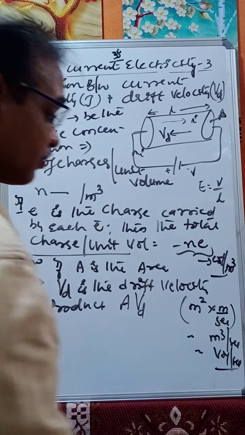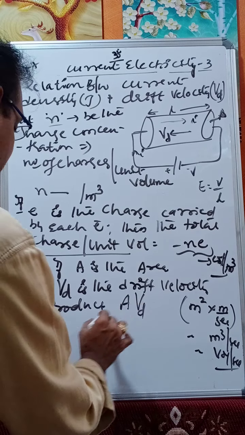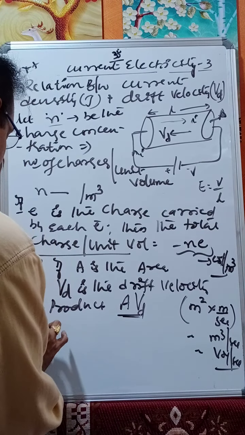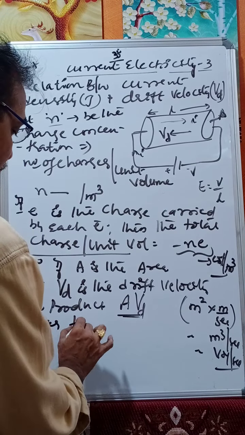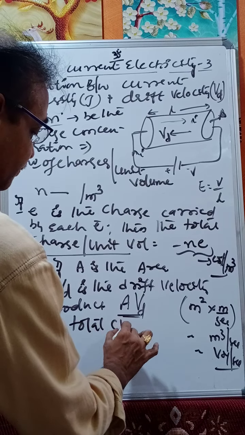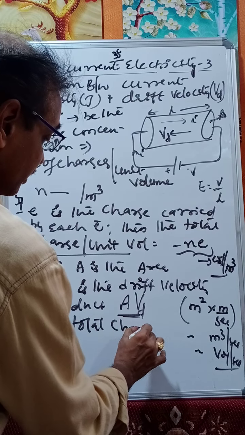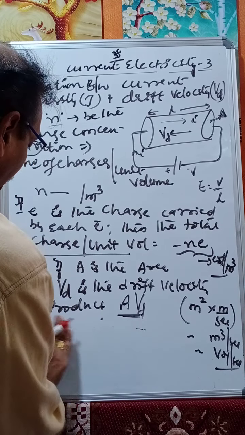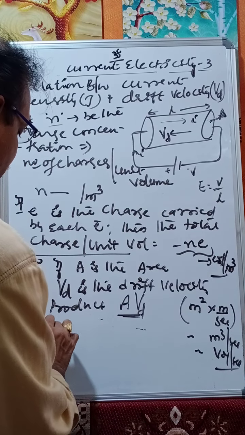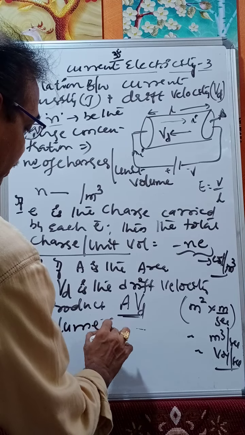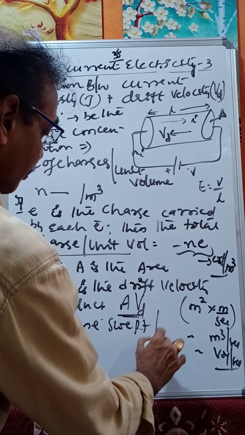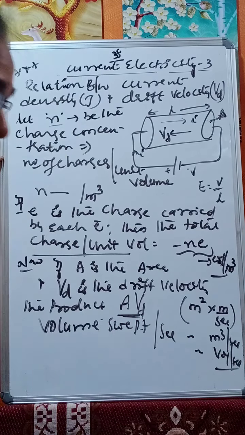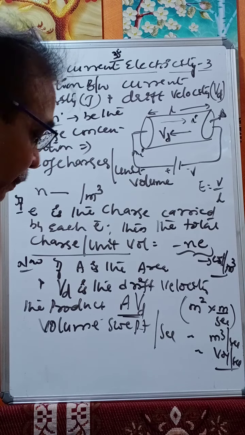So A Vd gives the volume swept per second.